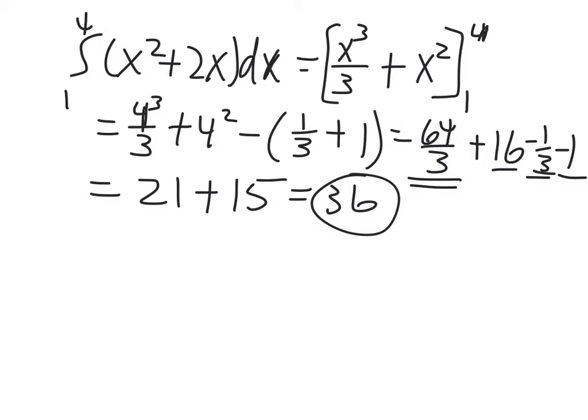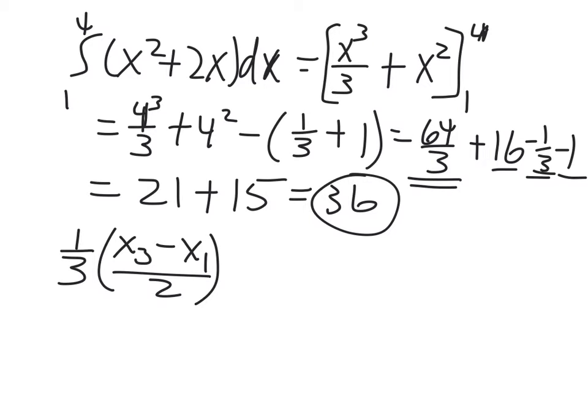We approximate, and like I said in the previous video, he showed the trapezoid rule. Well, we're going to look at Simpson's rule, which is 1/3, and then you have your, instead of x3 minus x1 over 2, we're going to translate that into b minus a over n.